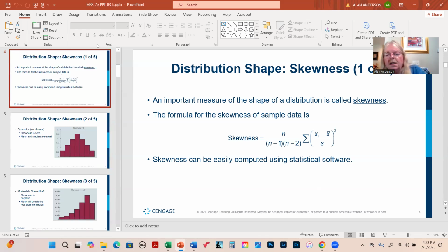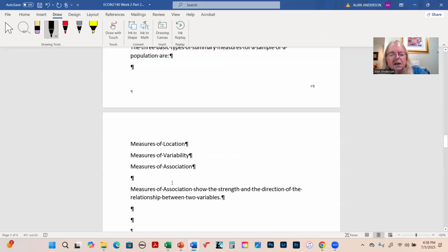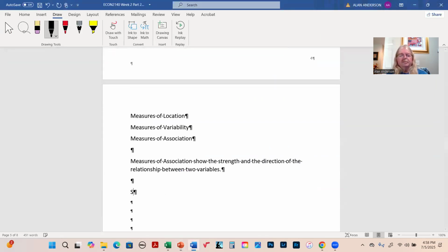And Excel does have this measure built into it, by the way. So skewness is designed to show whether a data set is symmetrical about the mean, negatively skewed, or positively skewed.